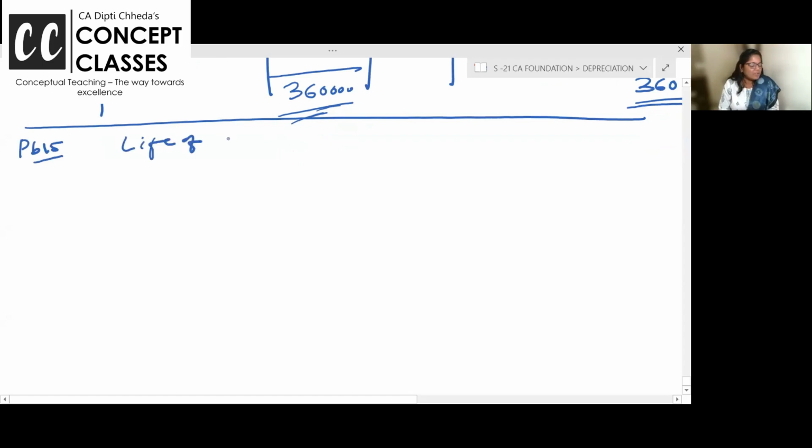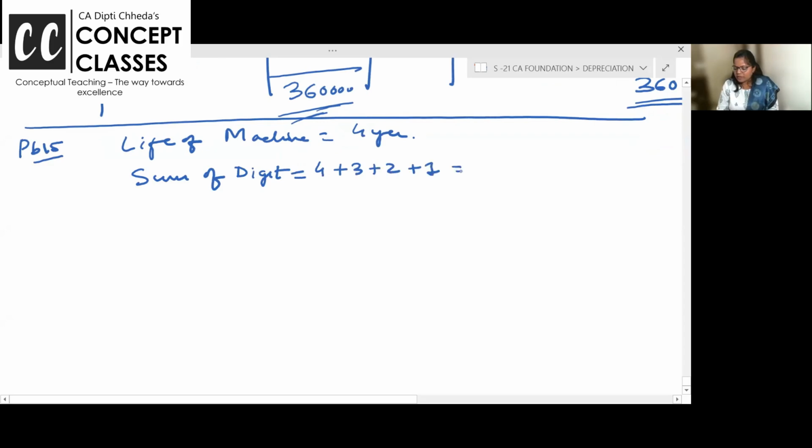Life of the machine. कितना है life of the machine? 4 years. So, sum of digit is equal to 4 plus 3 plus 2 plus 1. That is coming to 10.